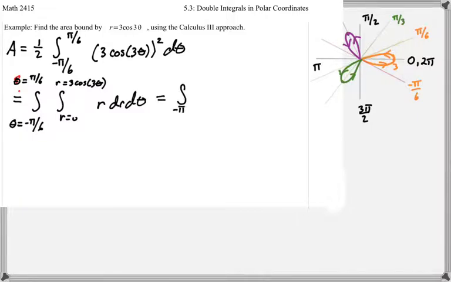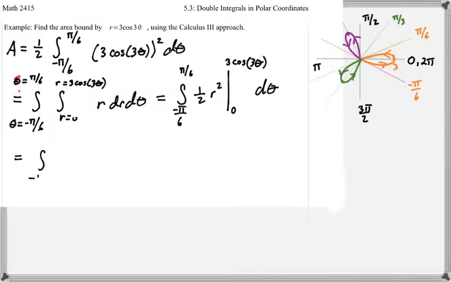So when I integrate that, I get the integral from negative pi over 6 to pi over 6 of 1/2 r squared, and then we're going to evaluate that from 0 to 3 cosine of 3 theta, d theta. And so that's going to be equal to the integral from negative pi over 6 to pi over 6 of, and then we can slide the 1/2 out, 3 cosine 3 theta quantity squared, and then minus 0 squared, which we don't need to include.